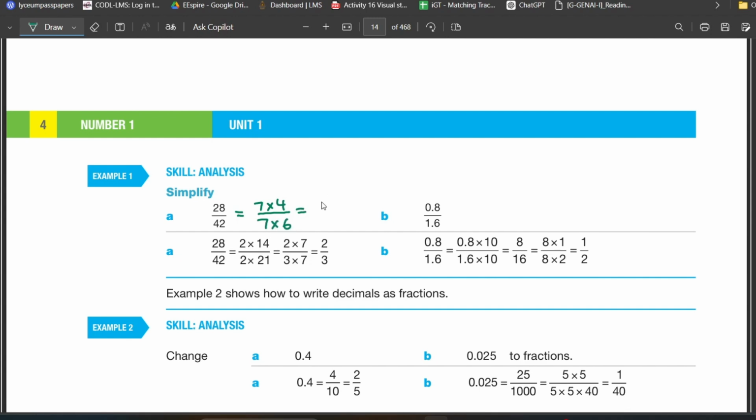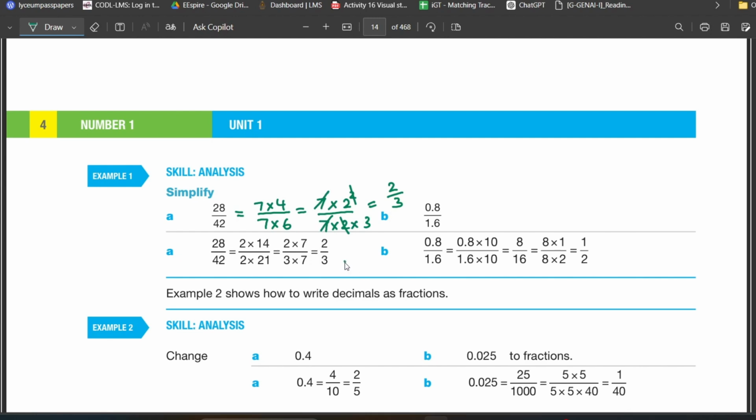We can further break this down: 7 times 2 to the power 2, and 7 times 2 times 3. You can see the common factors now. Now we have to cancel those common factors, so we get 2 over 3.